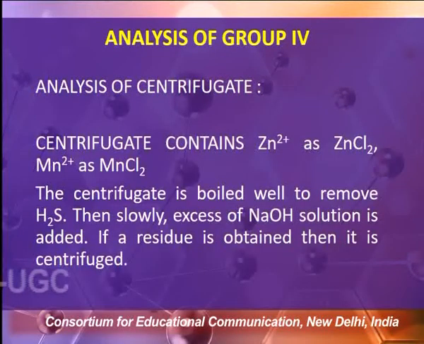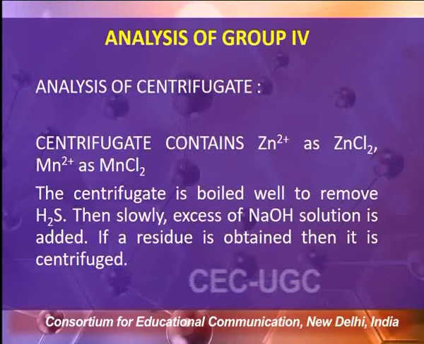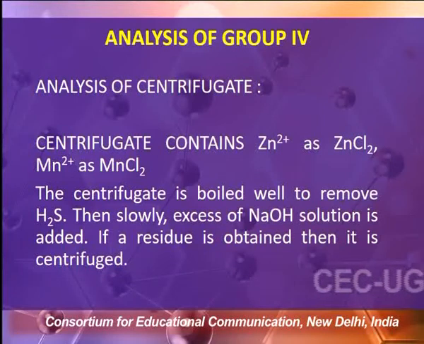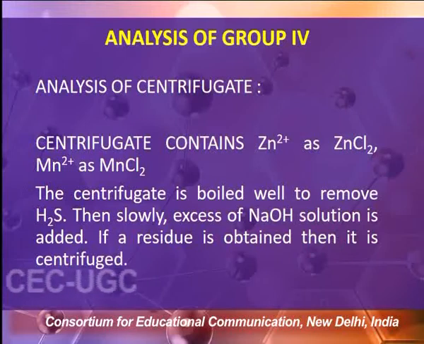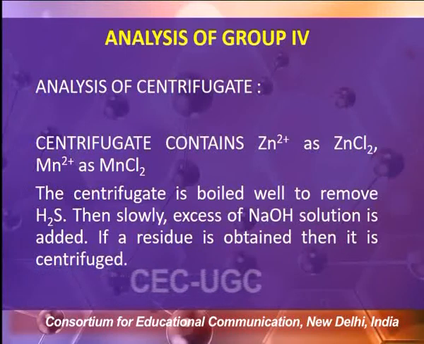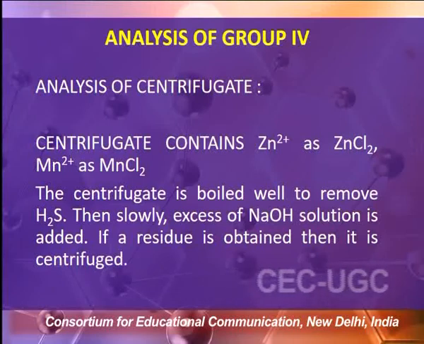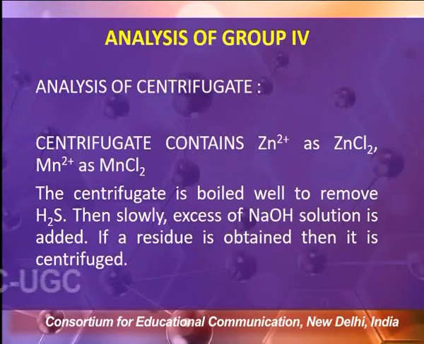Coming to the centrifugate, which contains zinc as zinc chloride and manganese ions as manganese chloride. This centrifugate is boiled well to remove H2S. Then slowly an excess of sodium hydroxide solution is added. If a residue is then obtained, it is centrifuged.